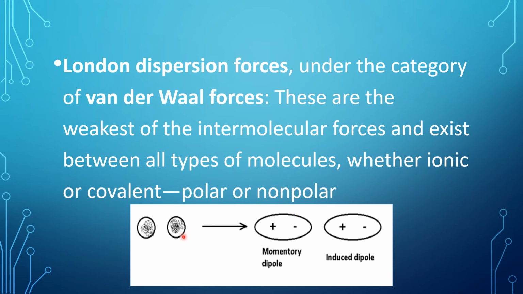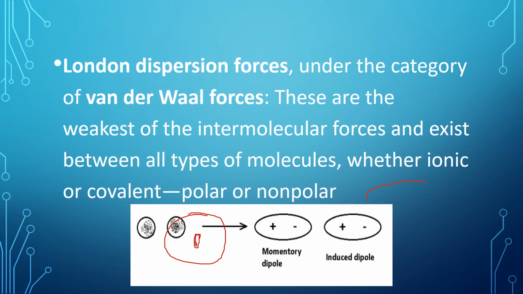So, in London dispersion, the reason it becomes weak is that we have a momentary dipole. It means the electrons in a compound sometimes become distorted. If the compound is shaped like this, the electrons are here. If it is near another compound like that, what will happen is it becomes distorted.